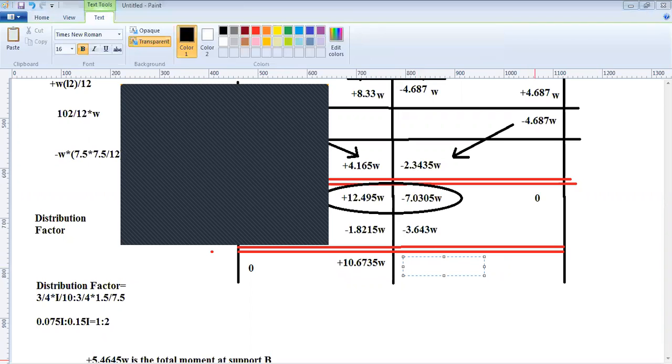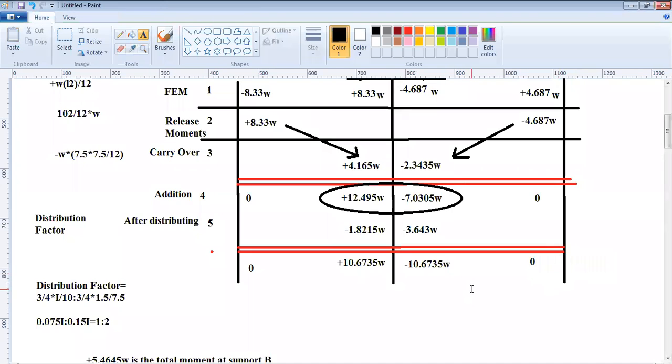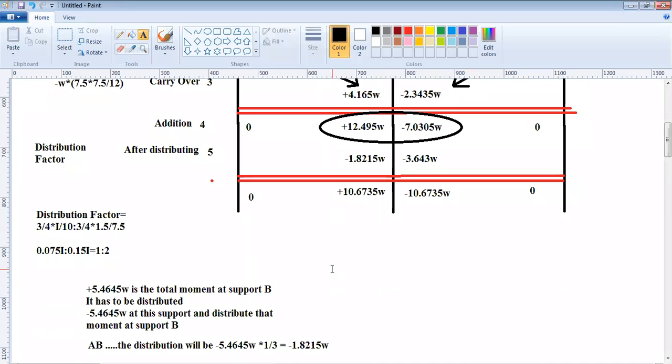Now what do I get on the other end? Adding these two, 7.0305 and 3.643, it's again a minus 10.6735 W. At support C, it's 0 between the 2 red lines. So these are the final moments.